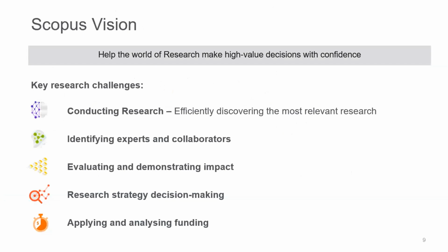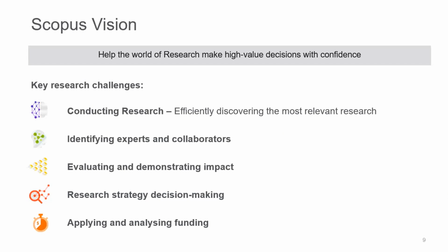So, talking about Scopus Vision, we see ourselves in helping the world of research make high-quality decisions with confidence. We recognize there are various challenges that Scopus users are facing every day.